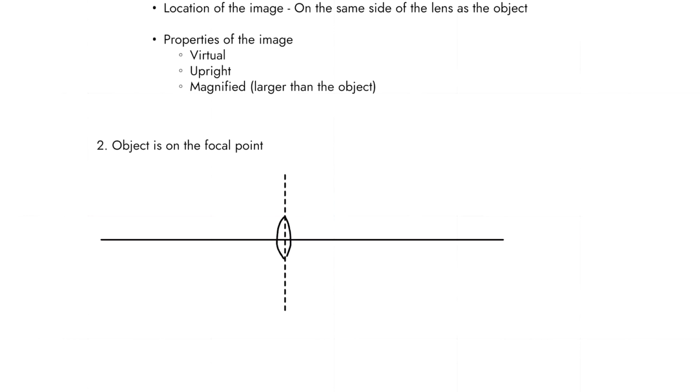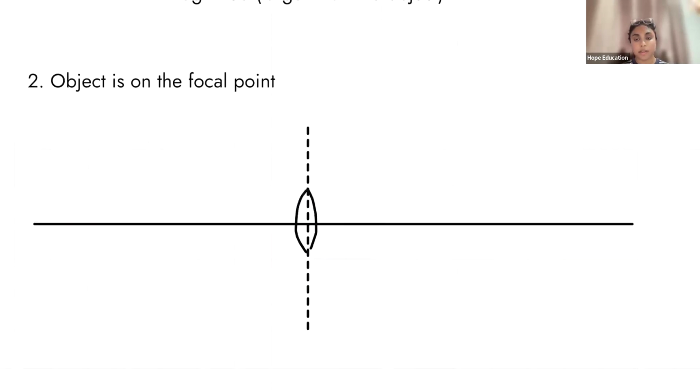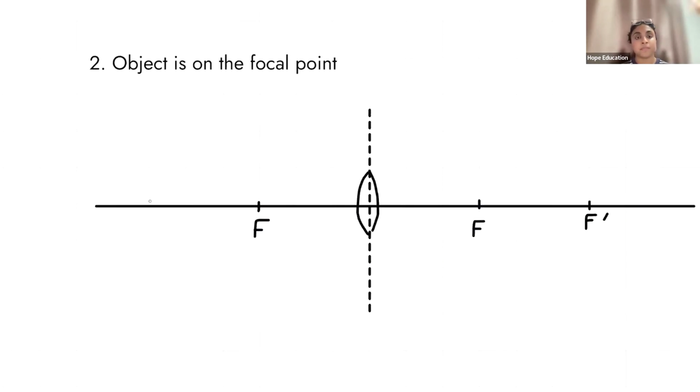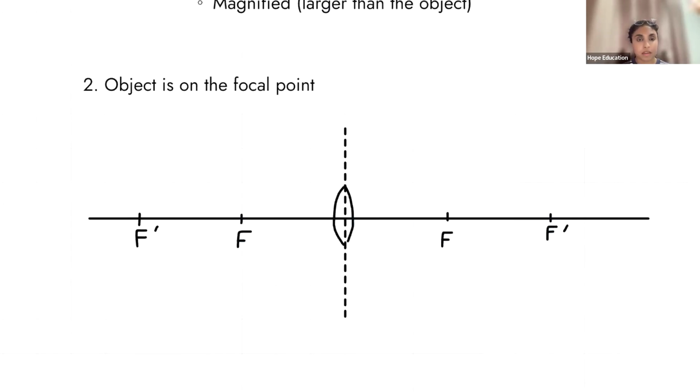So I will mark the focal point. 3 squares gila focal point එක. තව 3 squares gila f dash, which is double the focal length. Here f and here f dash. You have to measure correctly, otherwise you will not get the image correctly if you don't measure and write. Then where is our object? The object is on the focal point, which is here.